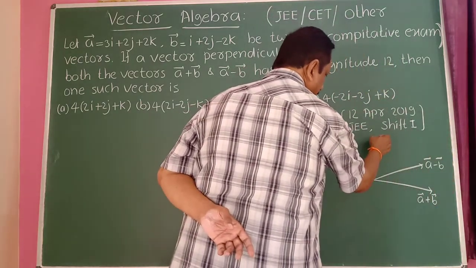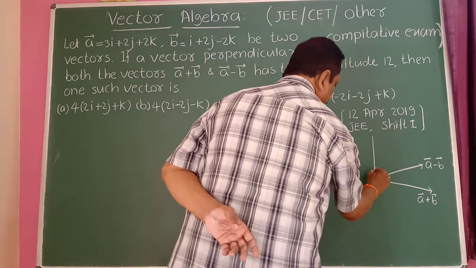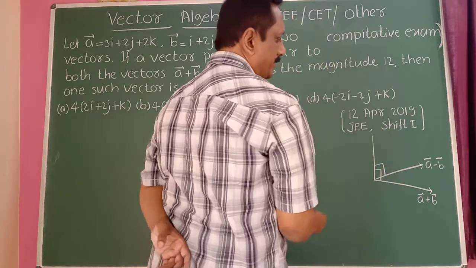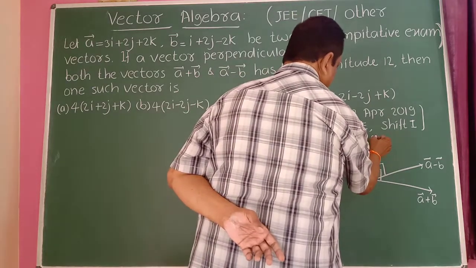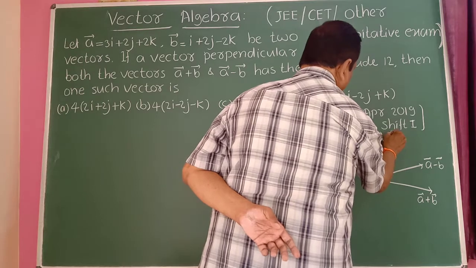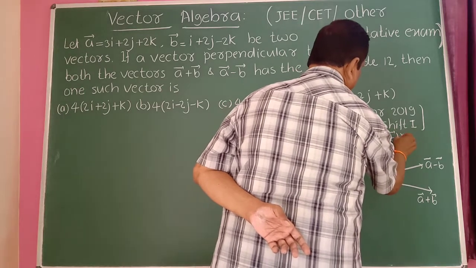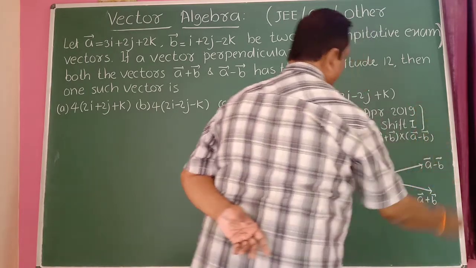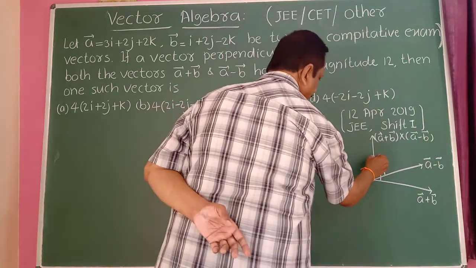So this is the vector perpendicular to both a bar plus b bar as well as a bar minus b bar here, so this vector is given by a bar plus b bar cross a bar minus b bar here. Therefore, find its unit vector here.